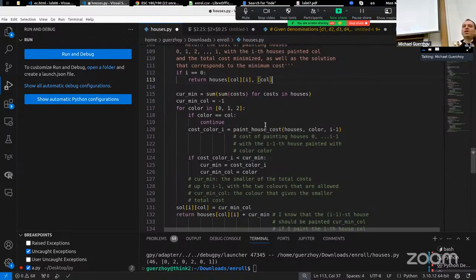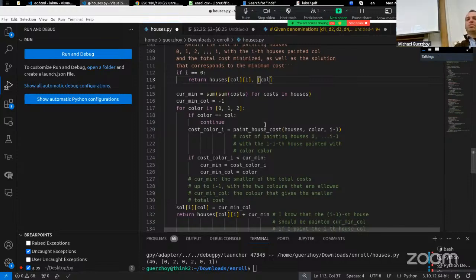So what do we do recursively? Again, to remind you, we're saying try every possible color for I minus 1 and get me the color that gives me the lowest cost for everything up to and including house I minus 1.